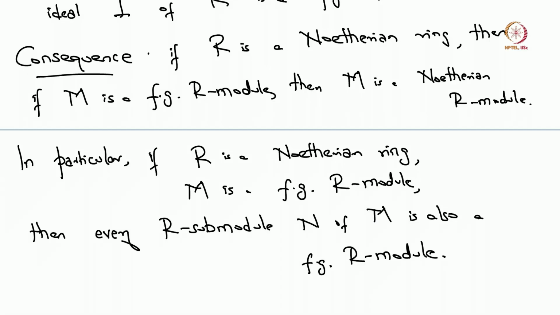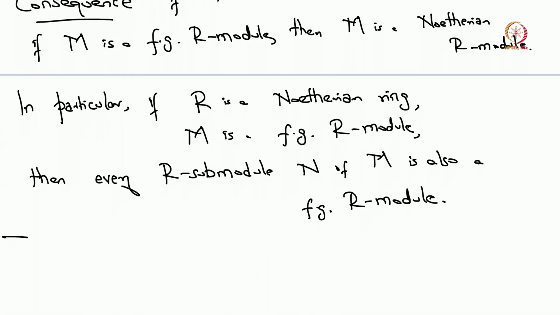Okay. So those were some reminders about Noetherian rings and finitely generated modules over Noetherian rings.